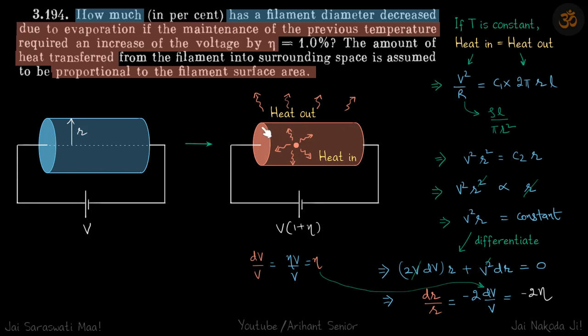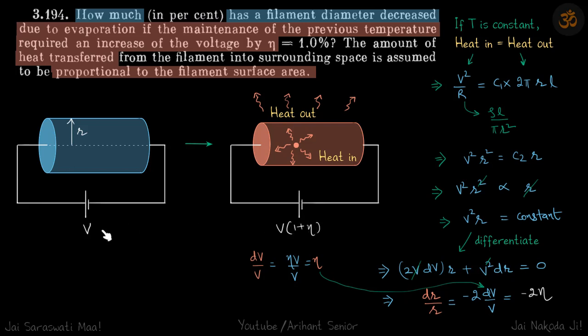So with time, as the radius decreases, several things are happening. One is the amount of heat which is escaping reduces because the surface area is less. Second, the heat which is getting developed inside also reduces. We have connected a battery, right? Forget about this V1 plus eta for now. Let's just imagine that's the same battery.